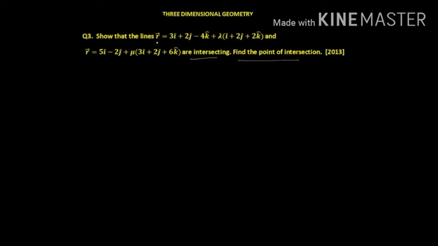You first see whether these lines are parallel or not. To check if they are parallel, we only have to see whether these portions are parallel or not. This is a vector b1 if you compare with the standard form. This is the vector b2. Now if these two are parallel, then the whole lines are parallel, right?